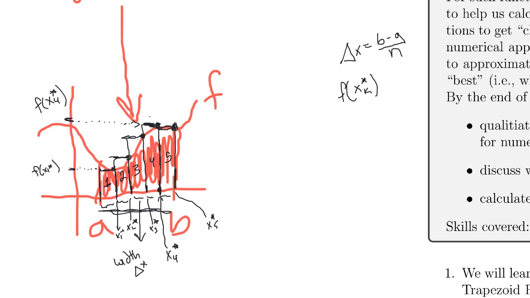So our formula became a sum over the number of rectangles. We went from the 1st rectangle at k equals 1 to the 5th rectangle at k equals 5. And so we got this sum of f of x sub k star times delta x. And this was the formula for our Riemann sum.